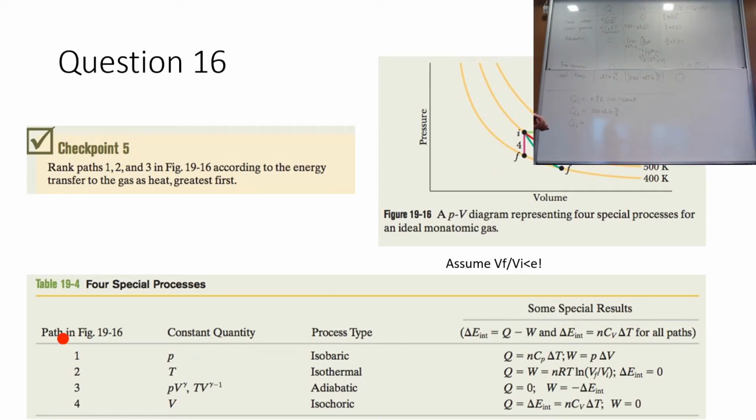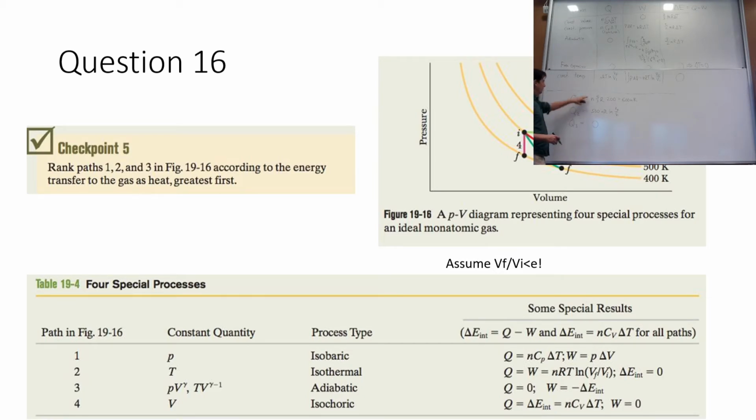So path 3 in this figure is adiabatic, okay? And we're asked what the heat is. Well, adiabatic, by definition, it's 0. Okay, so we've got now expressions for this.